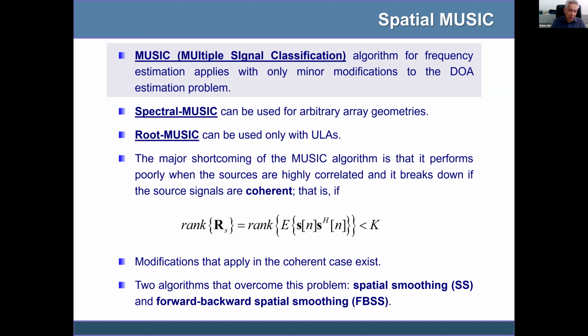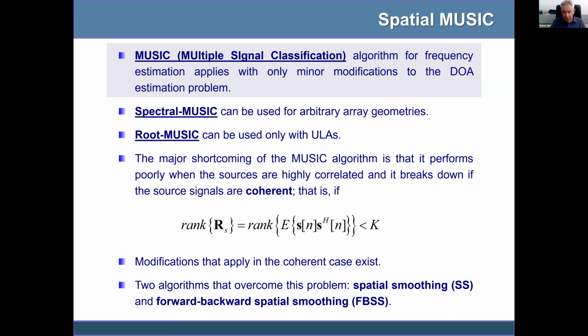Both of them have a weakness, and the weakness is that, like Capon, as we have seen yesterday, this algorithm does not perform well if there are sources that are highly correlated.